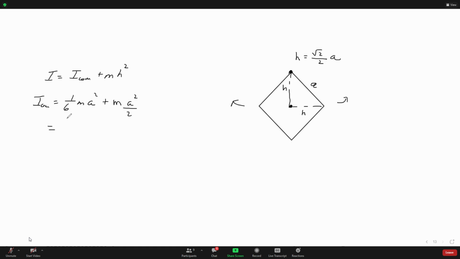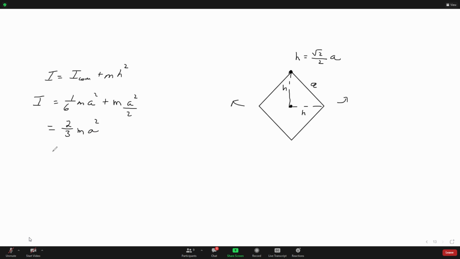So 1/6, 3/6, so 4/6, so 2/3. I miswrote this. I center of mass is 1/6 ma squared, but I is that plus ma squared over 2. Okay, so rotational inertia is 2/3 ma squared.